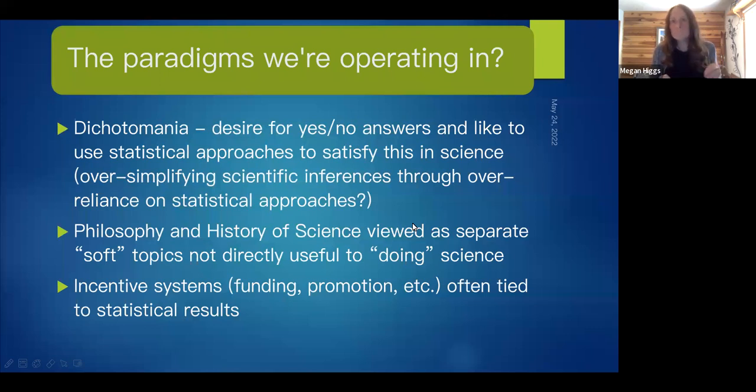This is simply the world we are living in now, where things have become siloed and separate. And then there's the incentive systems problem, which I'm not going to go into in detail: funding and promotion are often tied to statistical results, which in itself should be at least a red flag to think through.